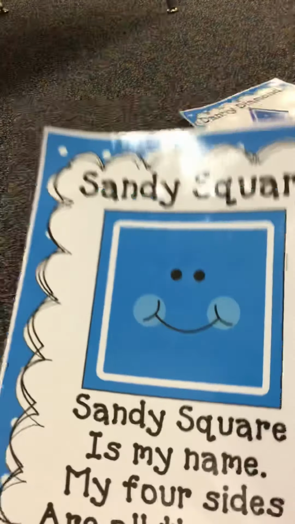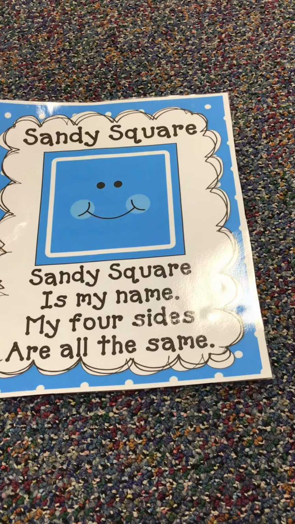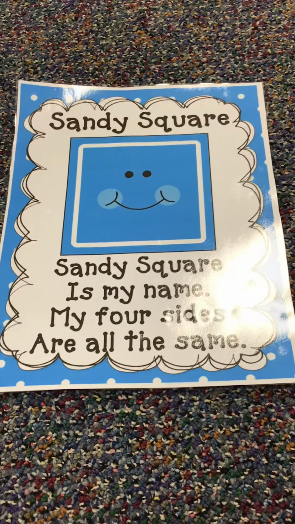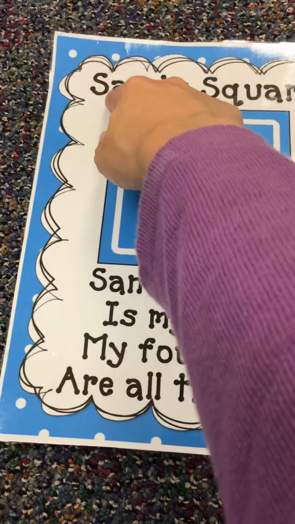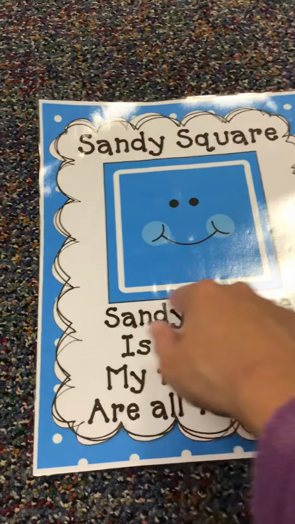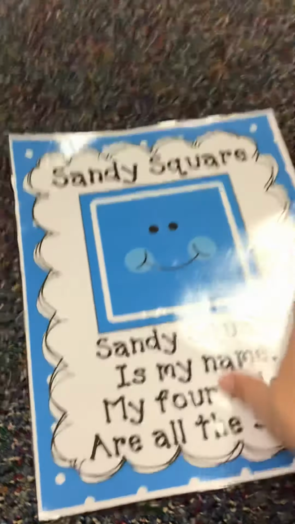Then this is another review from last week, Sandy Square. And it says, Sandy Square is my name. My 4 sides are all the same. So we do have 4 sides for our square. 1, 2, 3, 4. Then this is a new one.